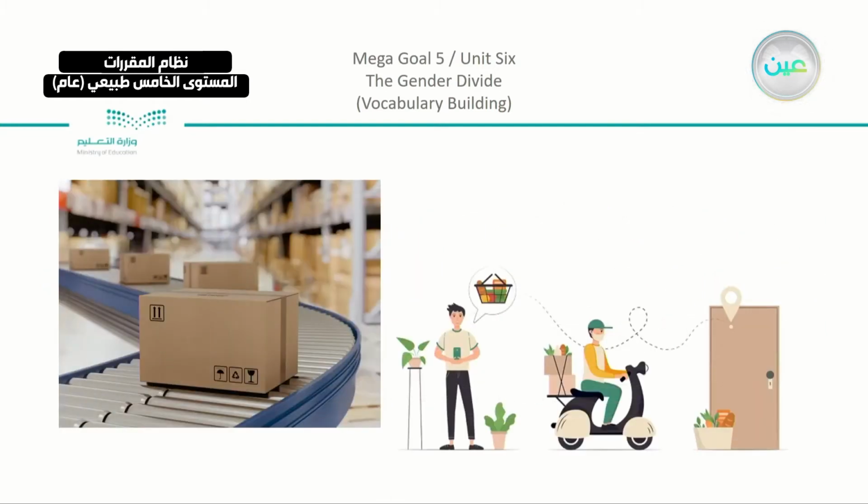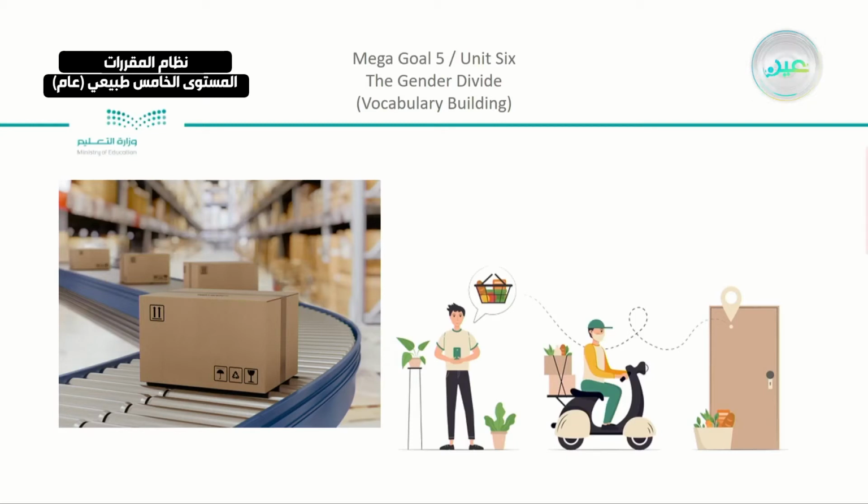Now, we have here the word convey is close to what you can see in the pictures. Like these boxes, they are conveyed. We can convey the boxes from one place to another. When you order something, the delivery is conveyed. We convey orders and deliveries by using different ways like applications, delivery boys, and so on.